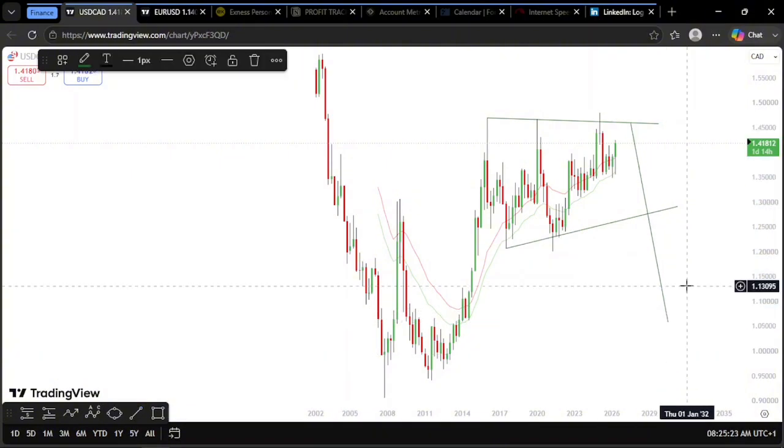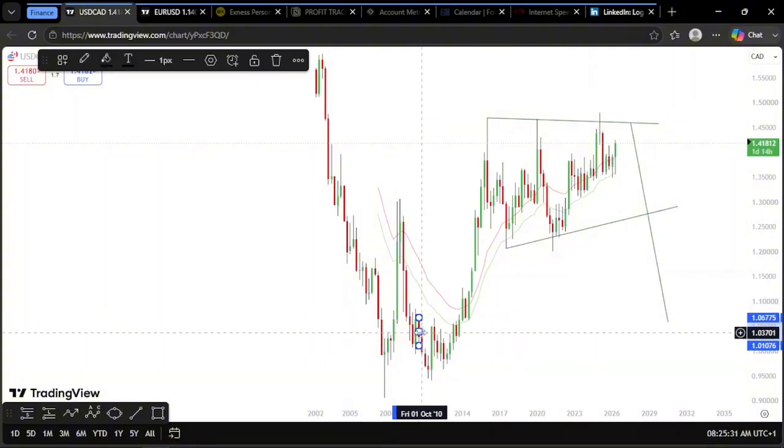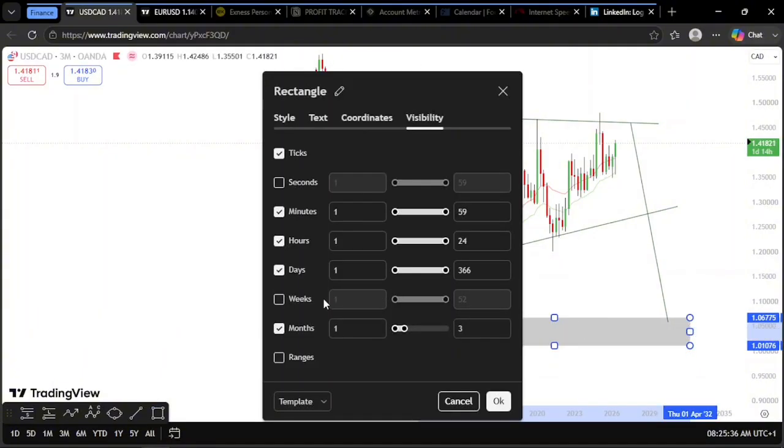This will be our POI on the 3 months time frame. So we'll be looking for price to come somewhere around here, for us to be looking for an entry opportunity.